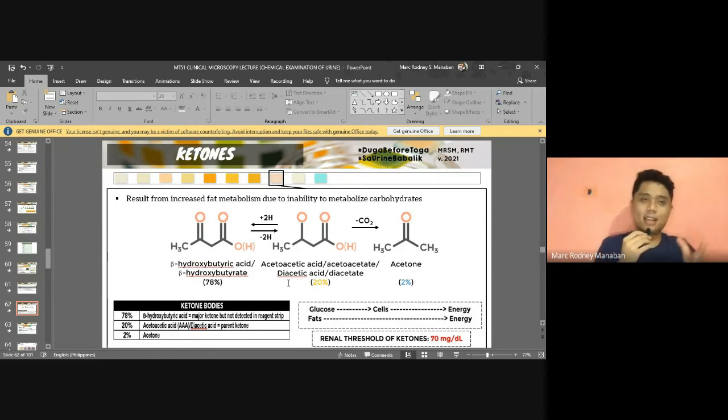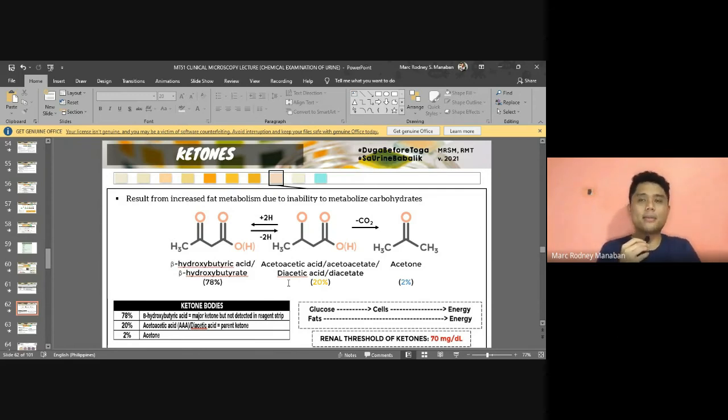This is the ketone body that is detected by your reagent strip. Although beta-hydroxybutyric acid is the largest in concentration, it is not detected. I'm not sure why it is not detected, but perhaps in terms of its stability, as you can see, the reaction is reversible. So possibly beta-hydroxybutyric acid is not stable and does not last long enough for detection. That's why we opt for acetoacetate.